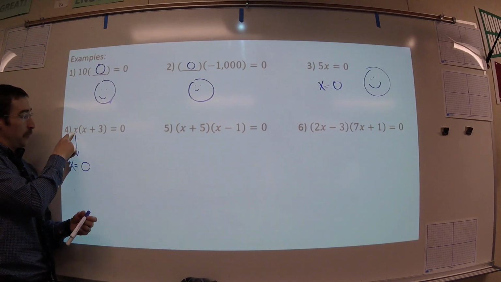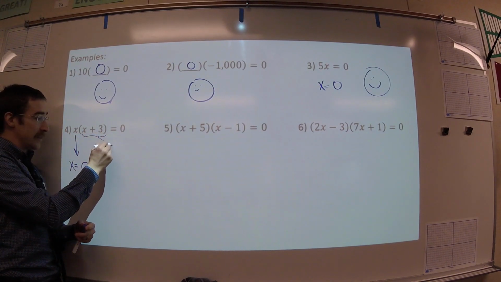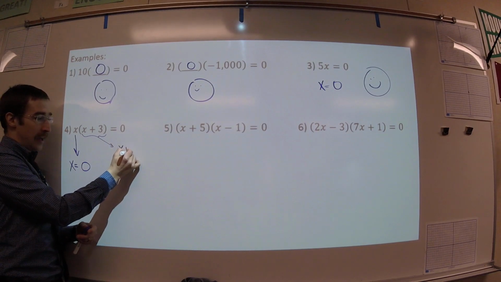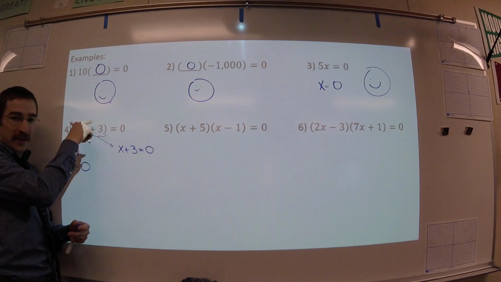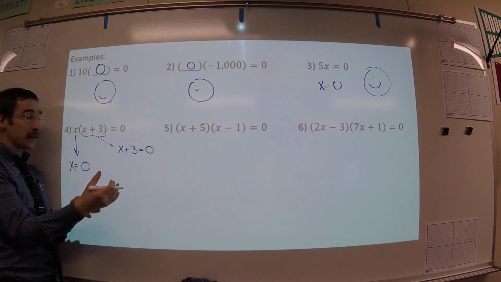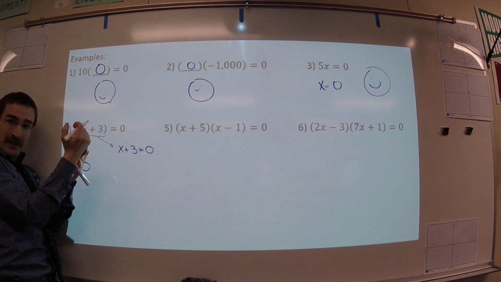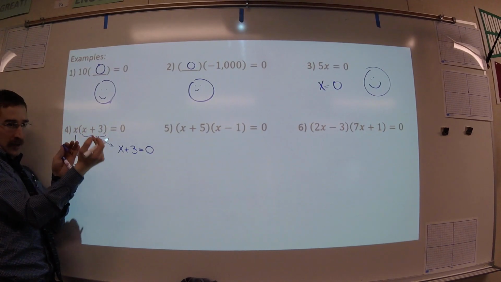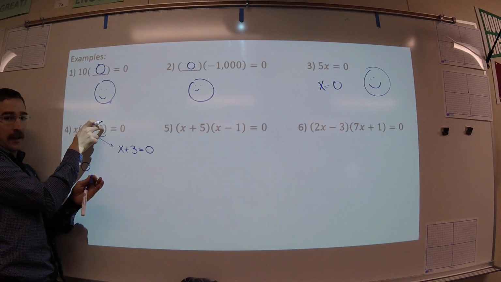Now we look at this, we're like, well, what if that's 0? Let's just take it and say, what if x plus 3 equals 0? So just take whatever's inside that parentheses, whatever's being multiplied from those parentheses, group it, and anything next to parentheses, or variable or number next to parentheses is implied multiplication. So this is the thing getting multiplied.